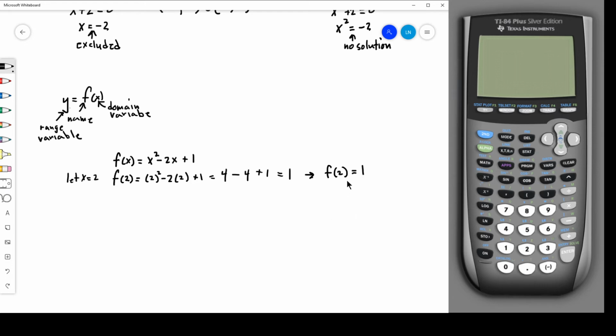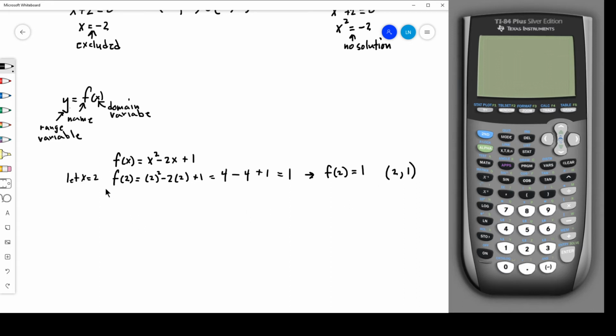That's back to our function notation up here. So what this does is it gives us a coordinate point. When x is 2, y is 1. So f of 2 is 1 is another way of saying the point 2 comma 1. All these notations are equivalent.